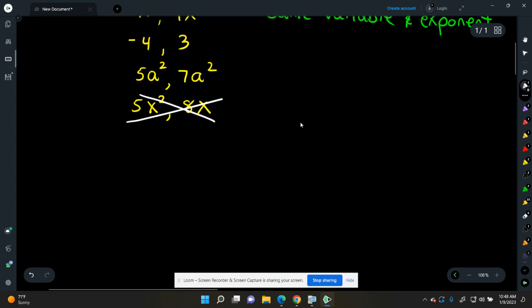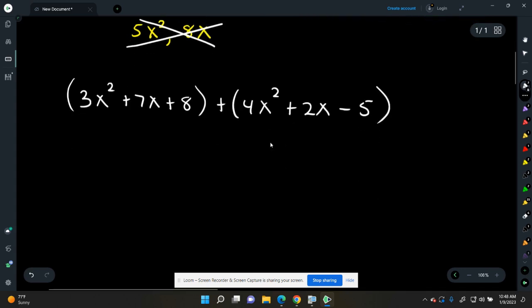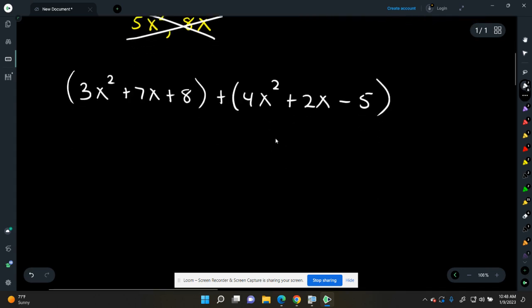Okay, so let's look at 3x squared plus 7x plus 8 plus 4x squared plus 2x minus 5. Now for some of you, you've already learned this and you're pretty confident with it and you can zip right on through and that's fine.